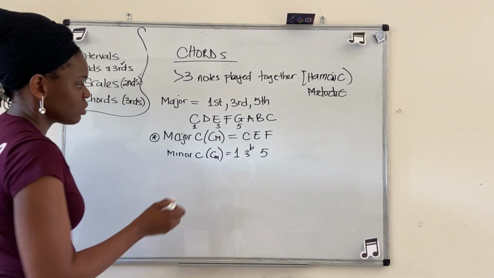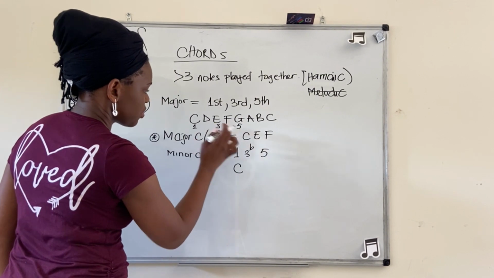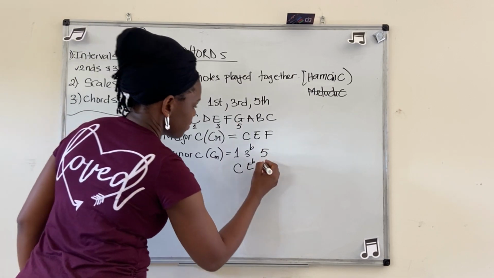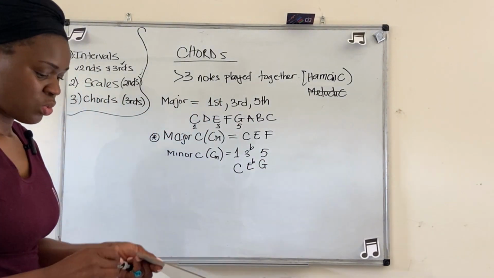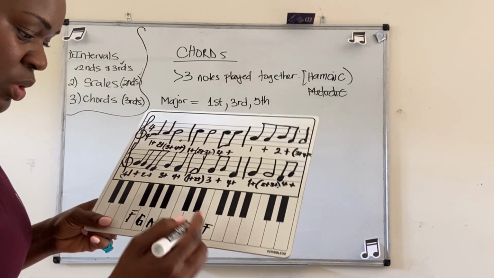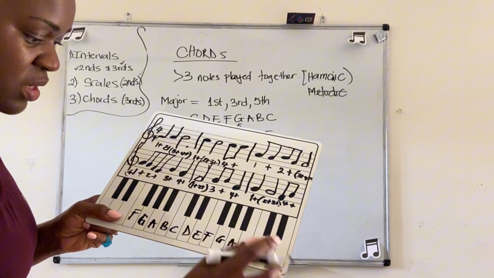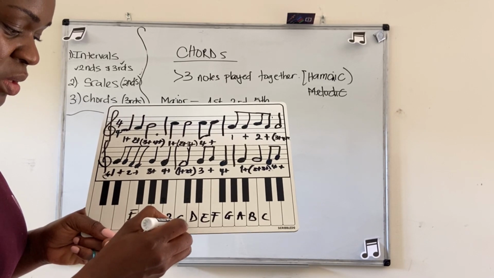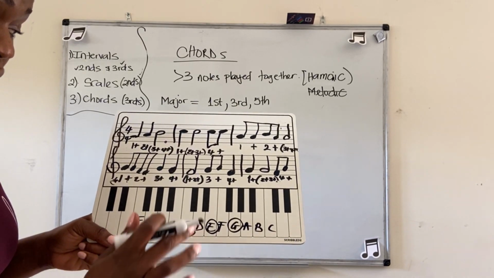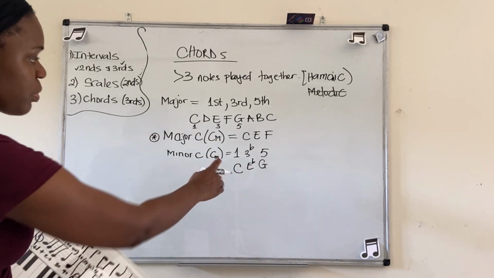So in this case, we have the first note, which is C, then the third, which is E flat, and then the fifth, which is G. Our C chord, C, D, E, F, G, A, B, C, is going to be C, E, and G. But if you want to play C minor, you will not play the E, you will instead play the E flat. So that's why we have this.